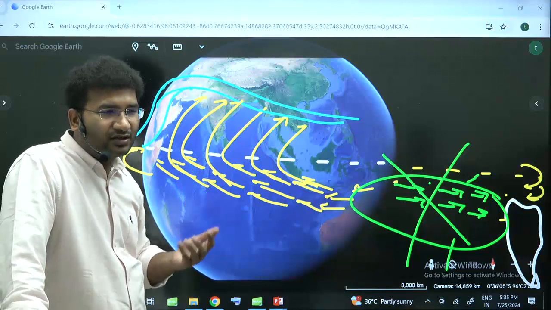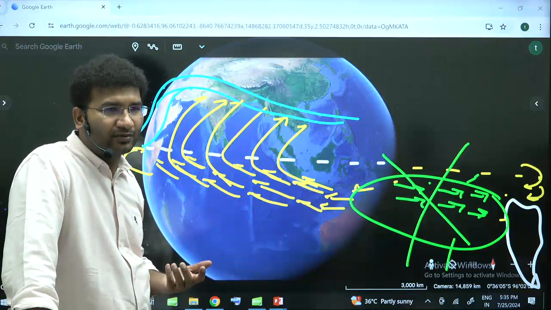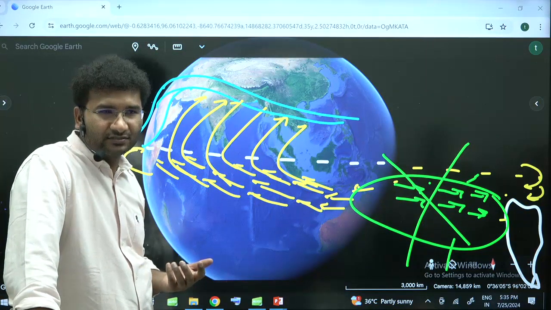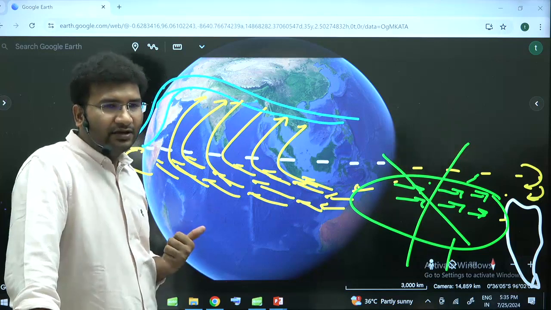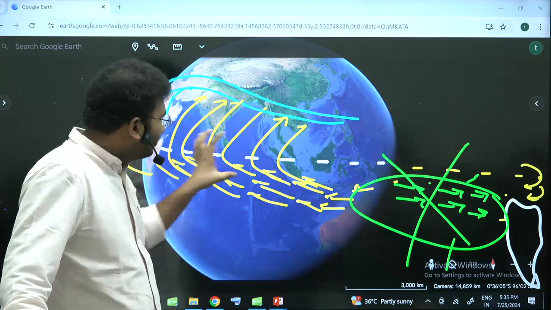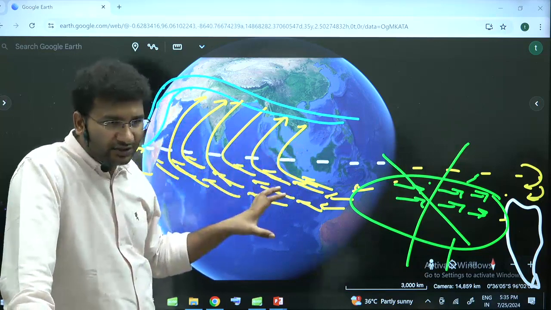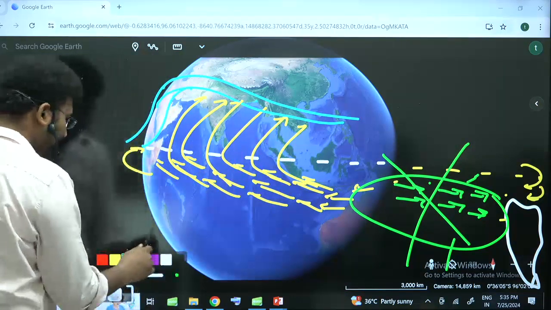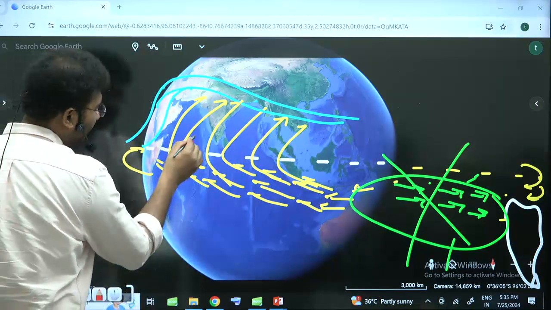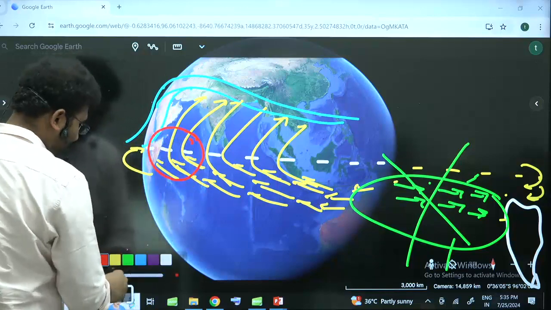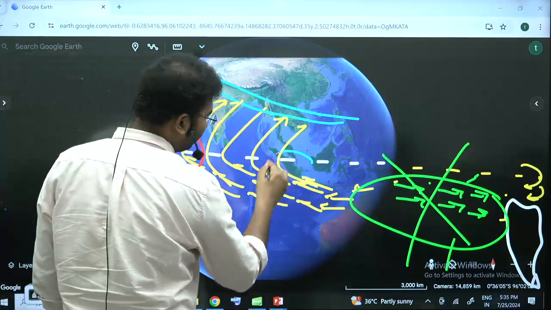Now, there is another concept called Indian Ocean dipole. Did I explain this? See here, Indian Ocean dipole means even within the Indian Ocean, you will come across this part of the Indian Ocean being warmer and this part of the Indian Ocean being comparatively colder.